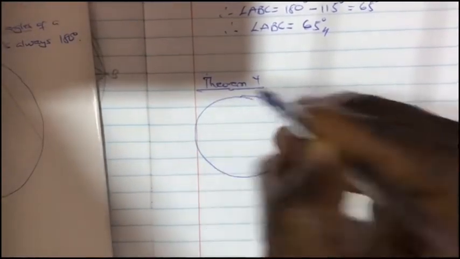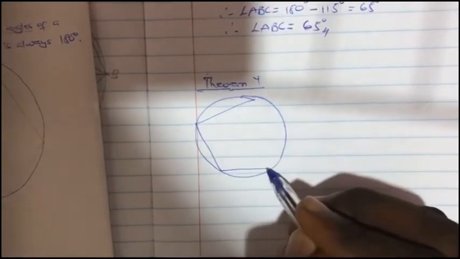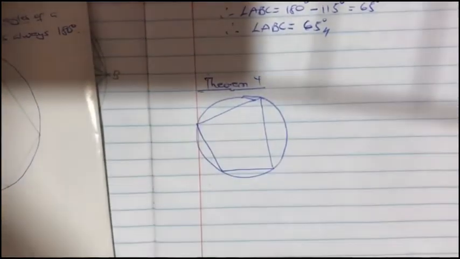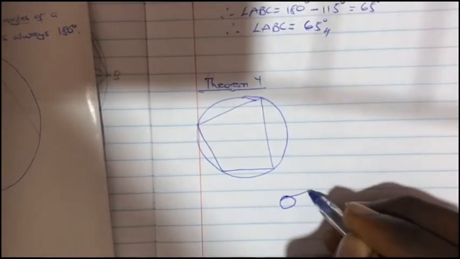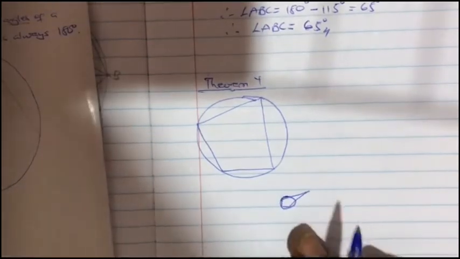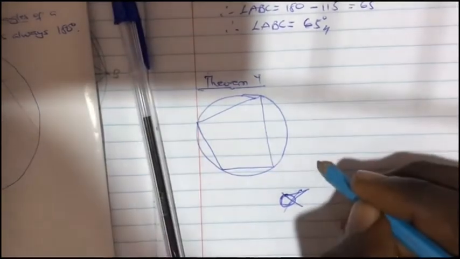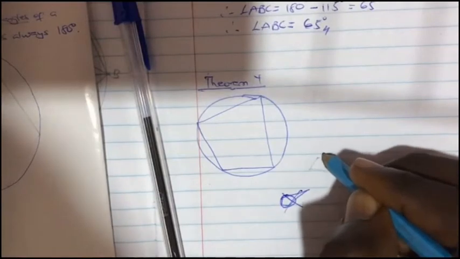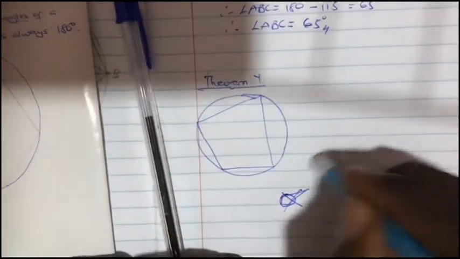So if this is a circle and I have a quadrilateral inscribed in it, this is a cyclic quadrilateral, but something like this is not a cyclic quadrilateral. So please note, we are talking about quadrilaterals that are inscribed in a circle. This one is not complete, so kindly ignore that.